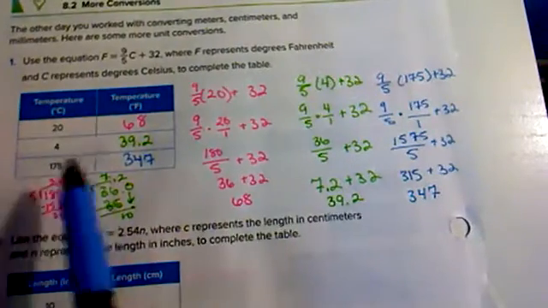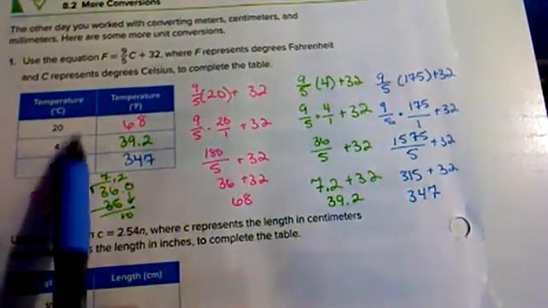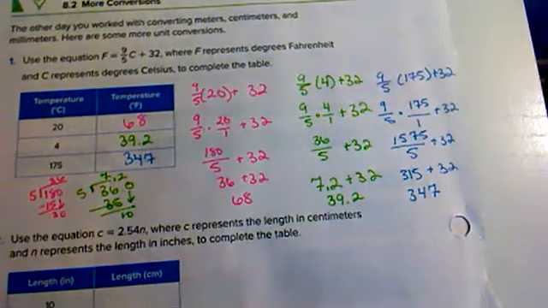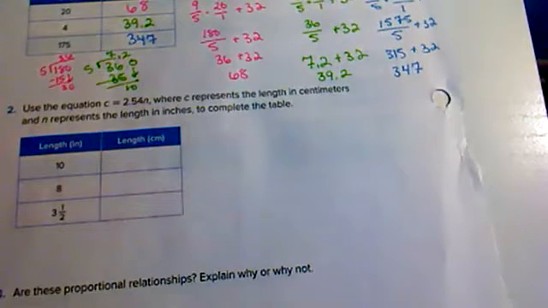So all we had to do here was fill in what was representative of C into the equation and then solve to figure out what F would be. All right, let's go down to number 2. It says use the equation C equals 2.54 of N, where C represents the length in centimeters and N represents the length in inches.